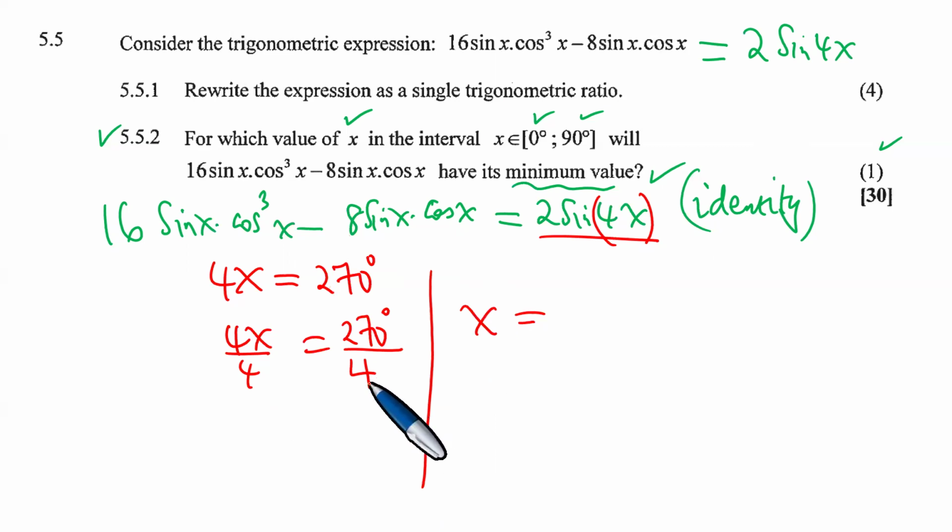Okay, now let's come to this. What is 270 divided by 4? We do that on a calculator, and we do 270 and divide that by 4. Why is it equal to 270? Well, 270 because we're dealing with the minimum. And we know that the sine of 90 degrees is 1.